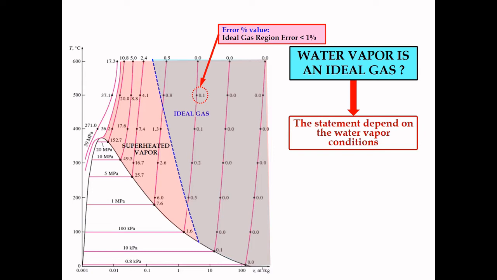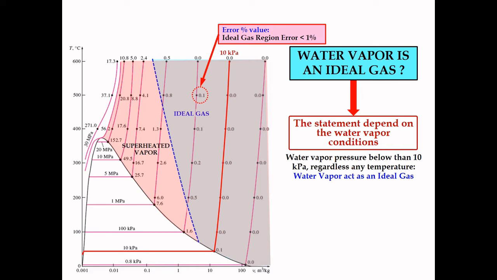Within the ideal gas region for the water vapor, we can see that the value is less than 1%. Here we can see 0.8, 0.1, 0.2, 0.0, and so on. In the area where the error percentage value is less than 1%, we consider that the water vapor will act as an ideal gas.